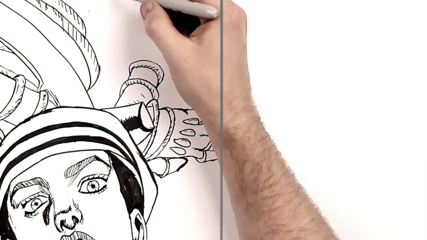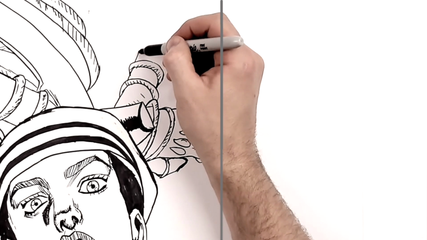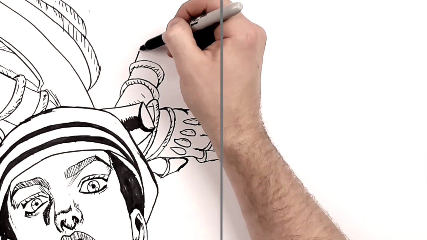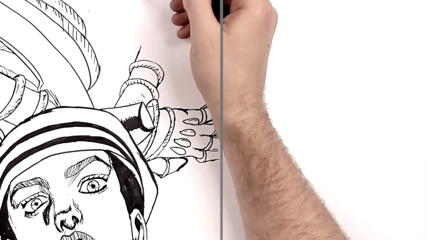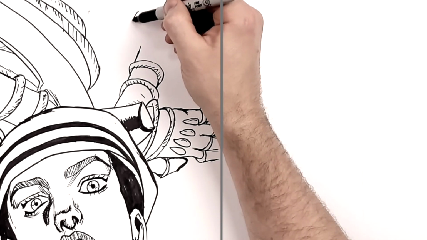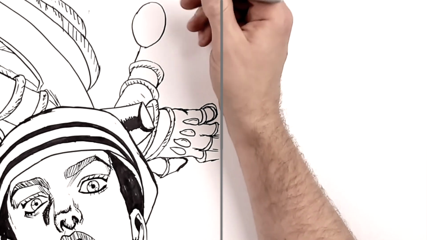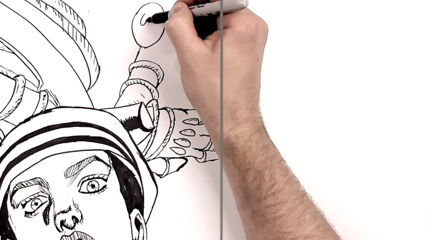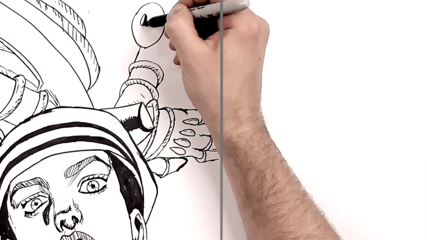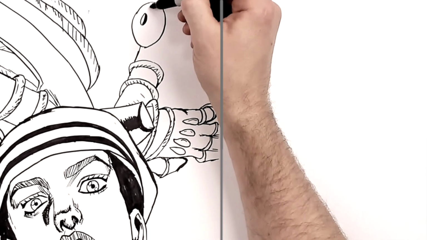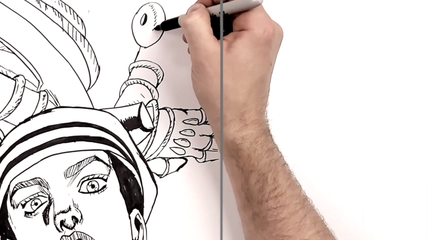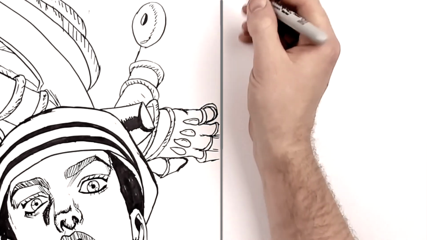Like so. And then like his ankle goes up, and it's like a circle or an oval. There. And then this has like some hatching coming around. There.